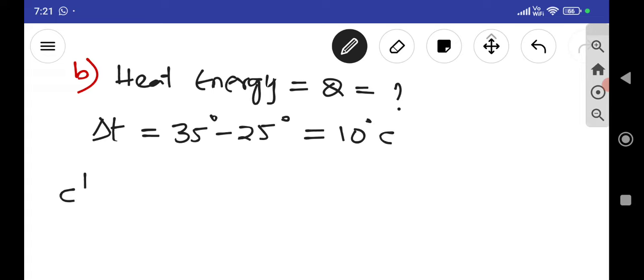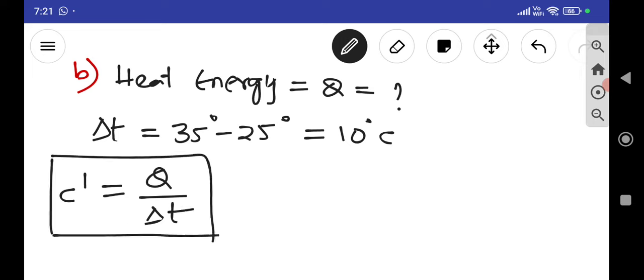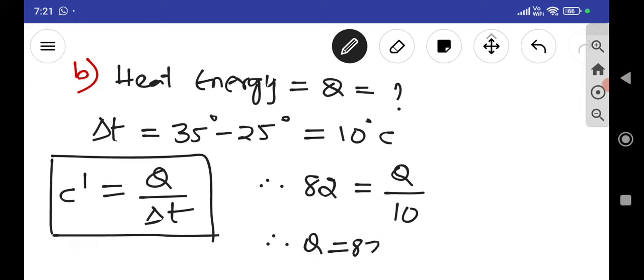So the formula for heat capacity is Q by delta T. So therefore on substitution we get C dash is given as 82. So from the first question we got this is equal to Q by 10. So therefore Q is equal to 82 into 10, which is 820 joule. Hope you have understood this.